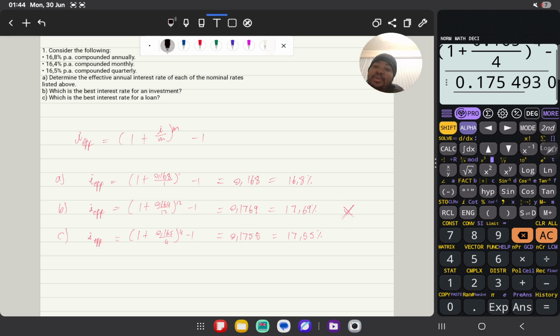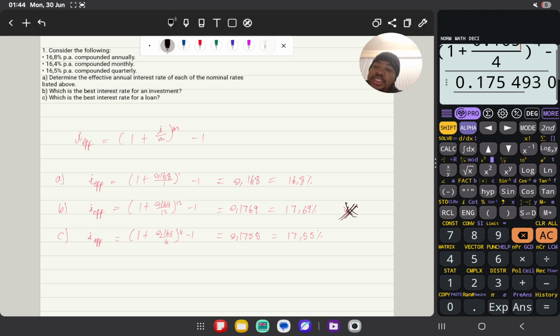So of course, the second option is your answer. It's the better one because it offers the highest amount of interest. When you make an investment, you want to get a lot of money. You want higher returns, so higher interest means higher returns.